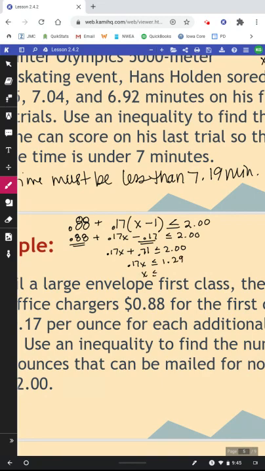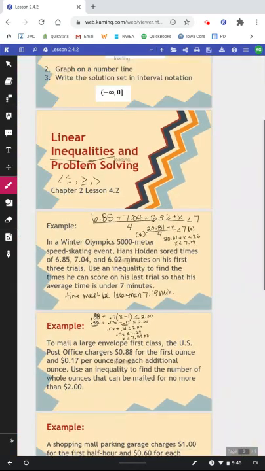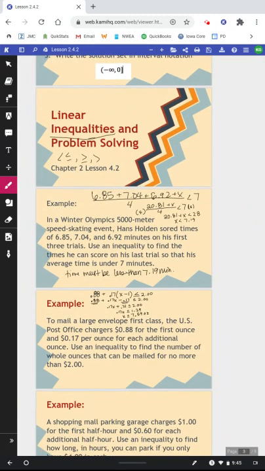Divide each side by 0.17. And that gives me 7.59 ounces. But now I read the problem and it says the number of whole ounces that can be mailed. So we can only mail 7 whole ounces.